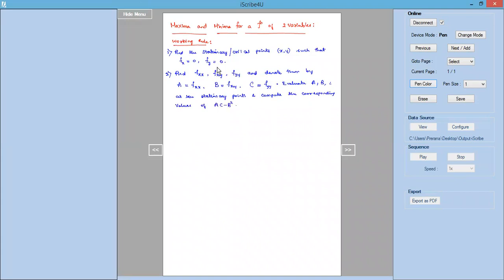Means we compute A into C minus B square, that is fxx into fyy minus fxy the whole square.